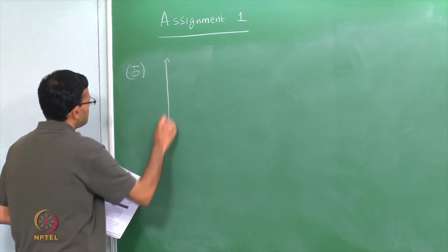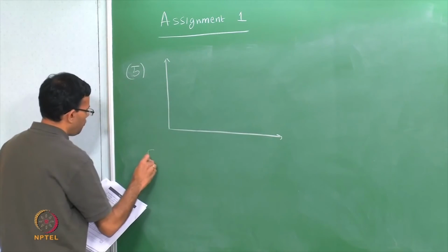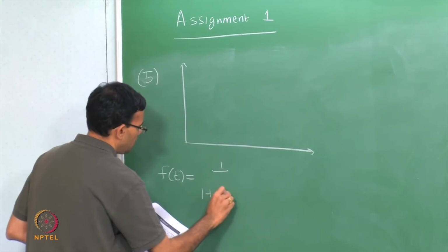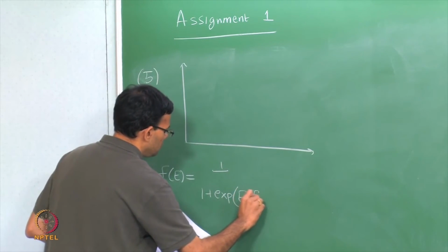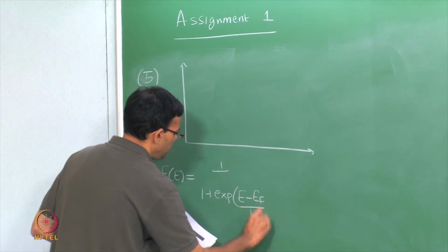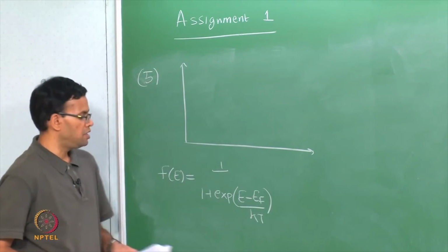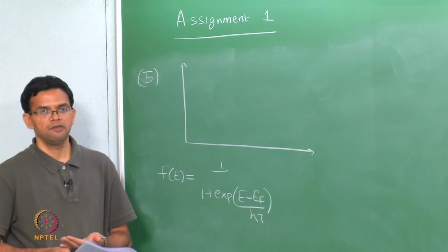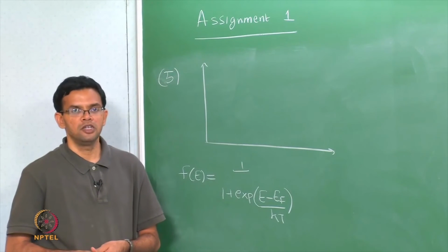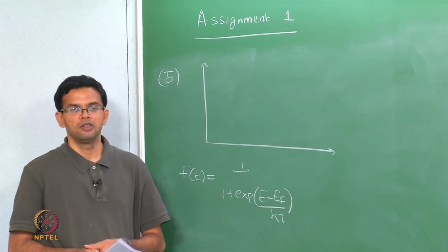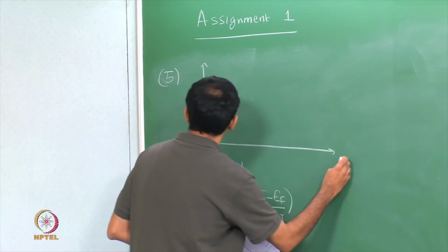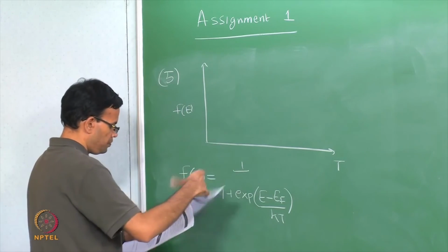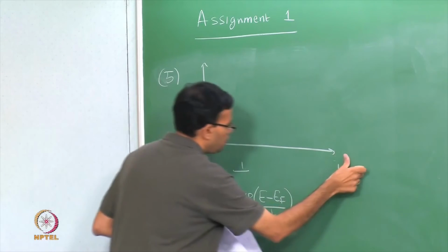So, the Fermi function, if you remember, f of E is nothing but 1 over 1 plus exponential of E minus E f over k T. So, when the energy is less than E f, the probability is 1. When the energy is more than E f, at 0 Kelvin, probability is 0, and at E equal to E f, probability is half.